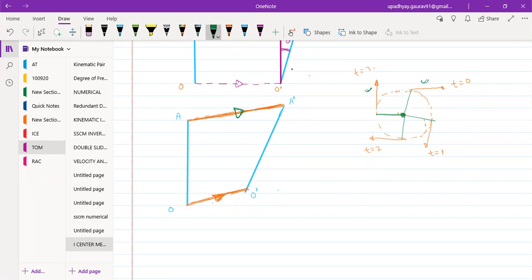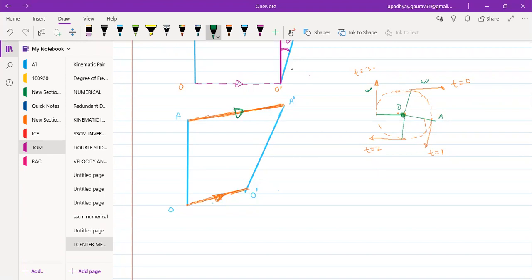So I can say that this is the length of this link. Yes, sir, it will be the same for all.